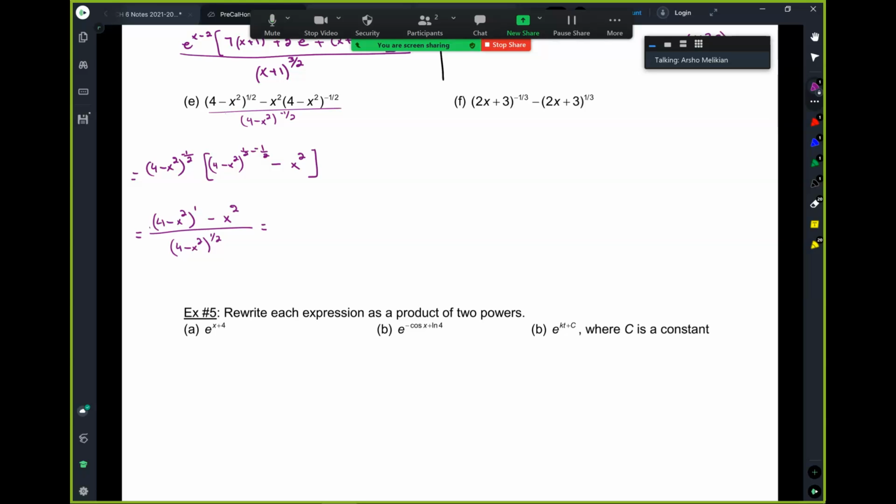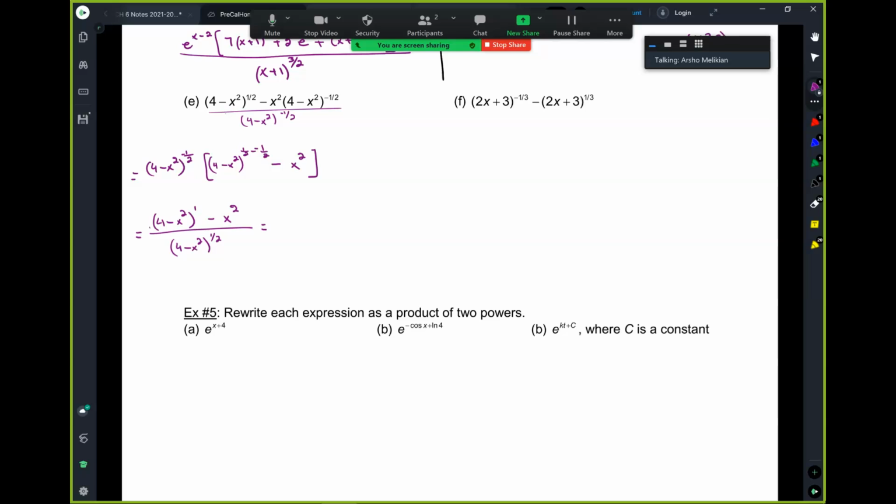Jake, question? I'm a little confused because if you're dividing by 4 minus x squared to the negative 1/2, wouldn't the first term just be 1? No, because the exponent here is a 1/2 and this is a negative 1/2.